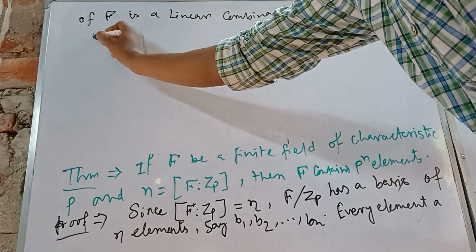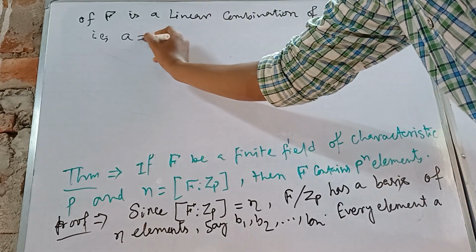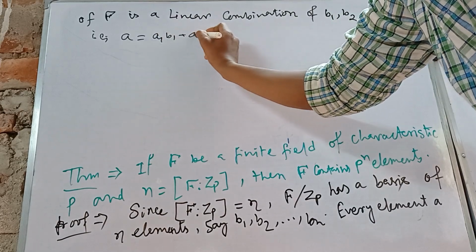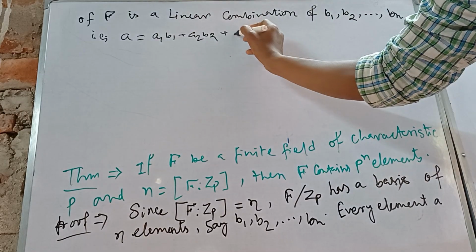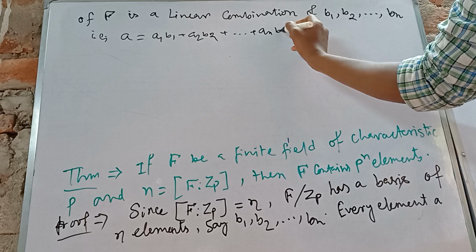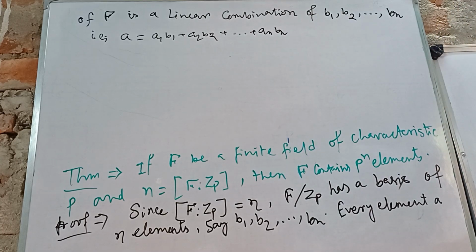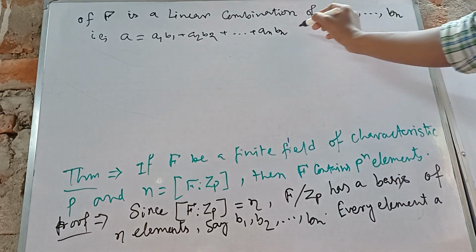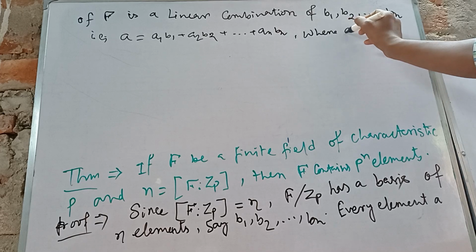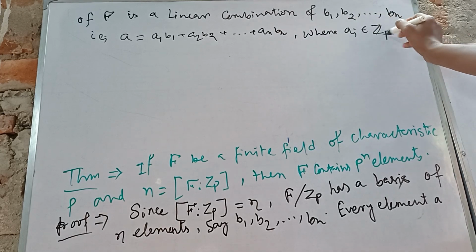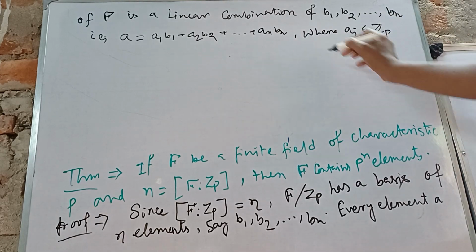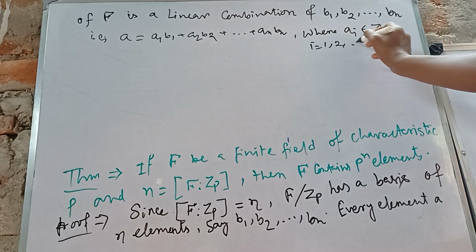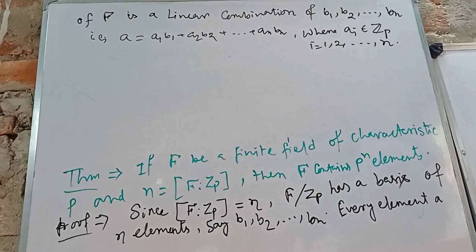That is, a equals a1 b1 plus a2 b2 plus dot dot dot plus an bn, where ai belongs to ZP, i equals 1, 2, dot dot dot, n. Not a problem at all.